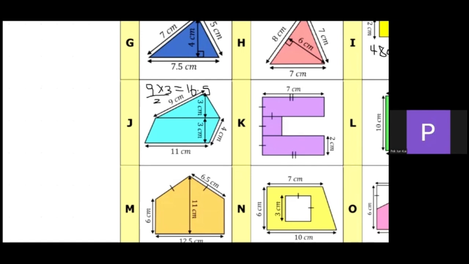For the parallelogram down there, it will take 11 times 3, which is the height, which will get 33. We add 33 and 16.5 together, we would get 49.5.